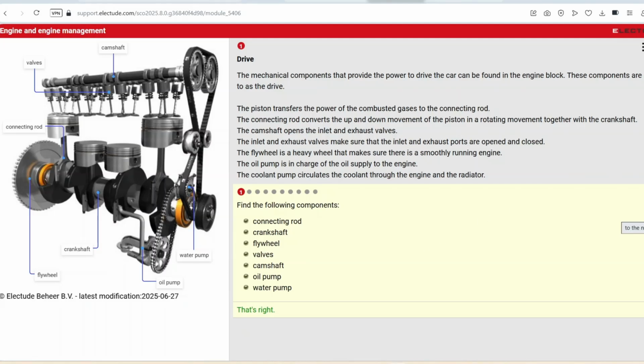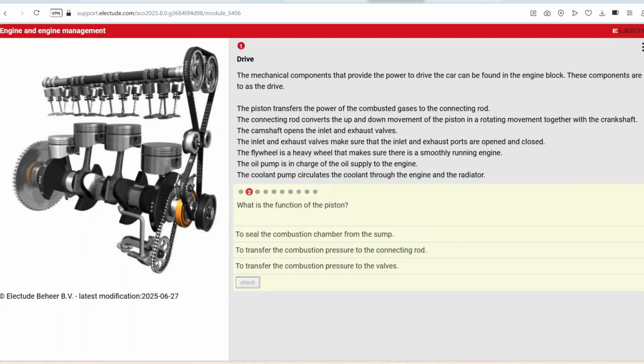That's right. So now, after I've got everything right, I move on to the next question using this arrow midway on the right side of the screen.